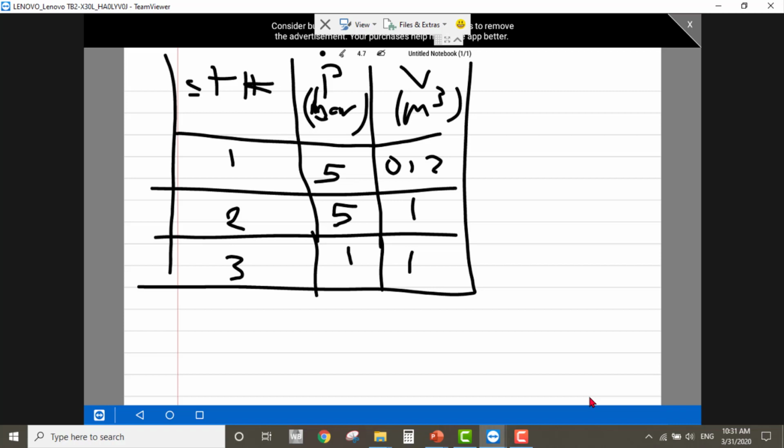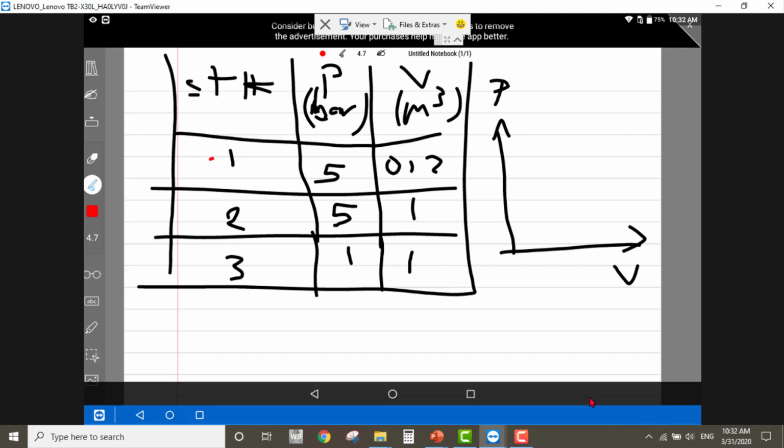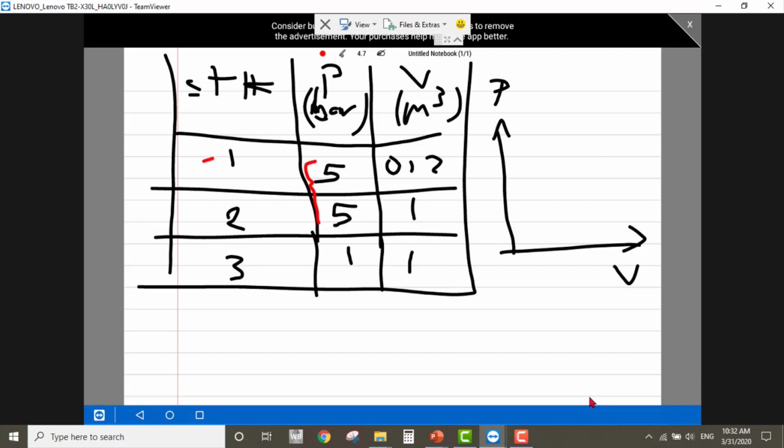So part A, sketch the process on a PV diagram. Here is P and here is V. Process 1 to 2 is at constant pressure; pressure 1 and pressure 2 are higher than pressure 3.